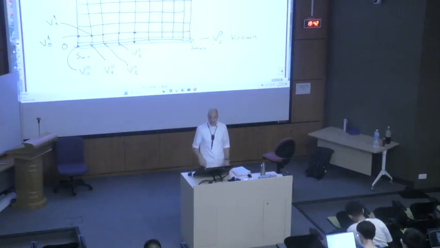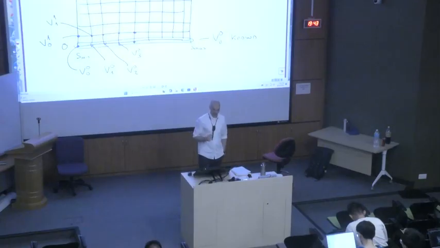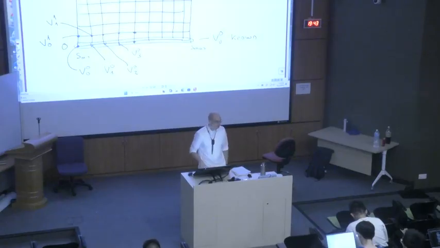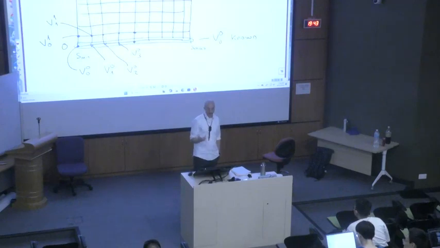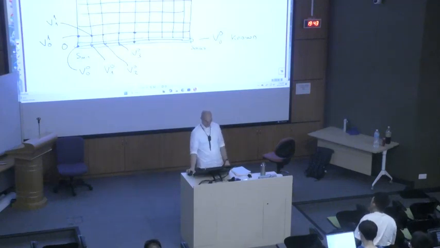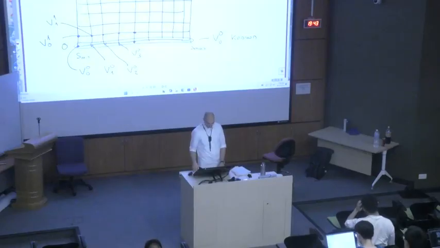Well, the task is to compute these values here, because those are the price at today's price. Also the hedging strategy, which is the derivative of V. But let's focus mainly on the price now.